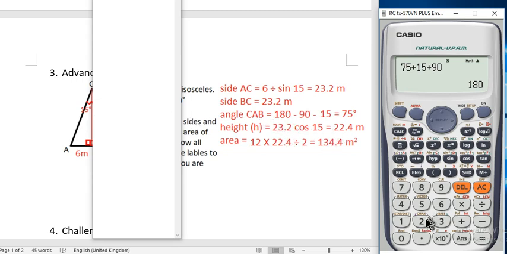So we put in there what's been given to us: 23.2 cos 15 equals, and something strange comes up, press that one there, 22.4 meters is our answer.